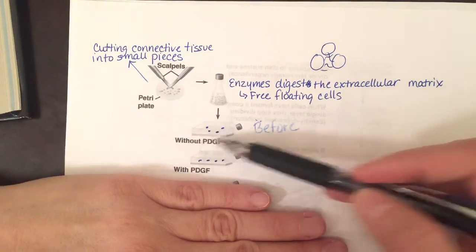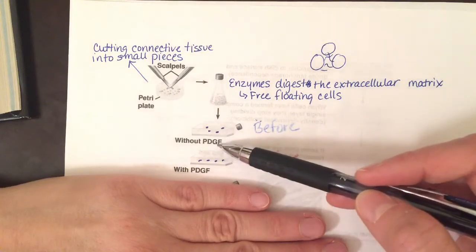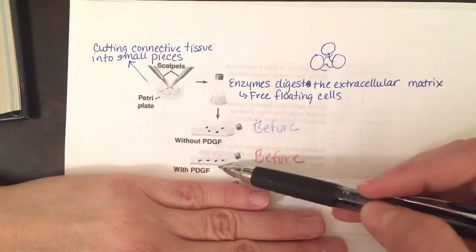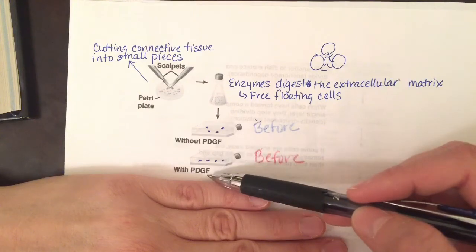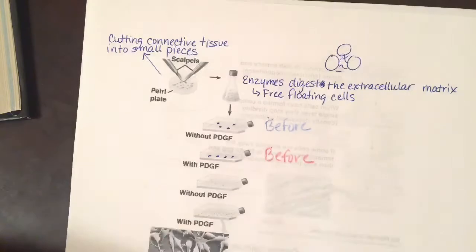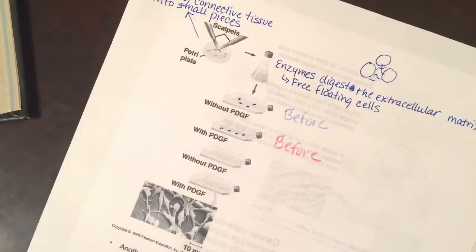They actually put the growth factor as part of the growth medium that they were growing the cells on. So it had food and so on, and this one had that growth factor, the one that we talked about over here. Oops, I guess it wasn't on the other side. It was here.